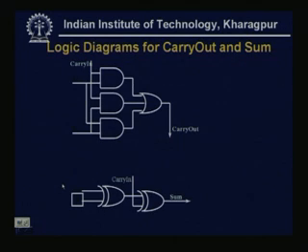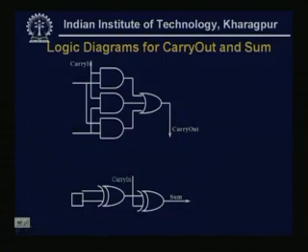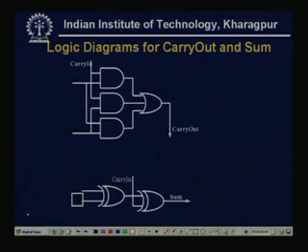Now, say for the full adder, these are the logic diagrams for carry out and sum. Already we have read several times the design of adders, the design of full adder, and we know that if A, B are the two inputs and another is the carry in, say C, then A B plus B C plus C A is my carry out.